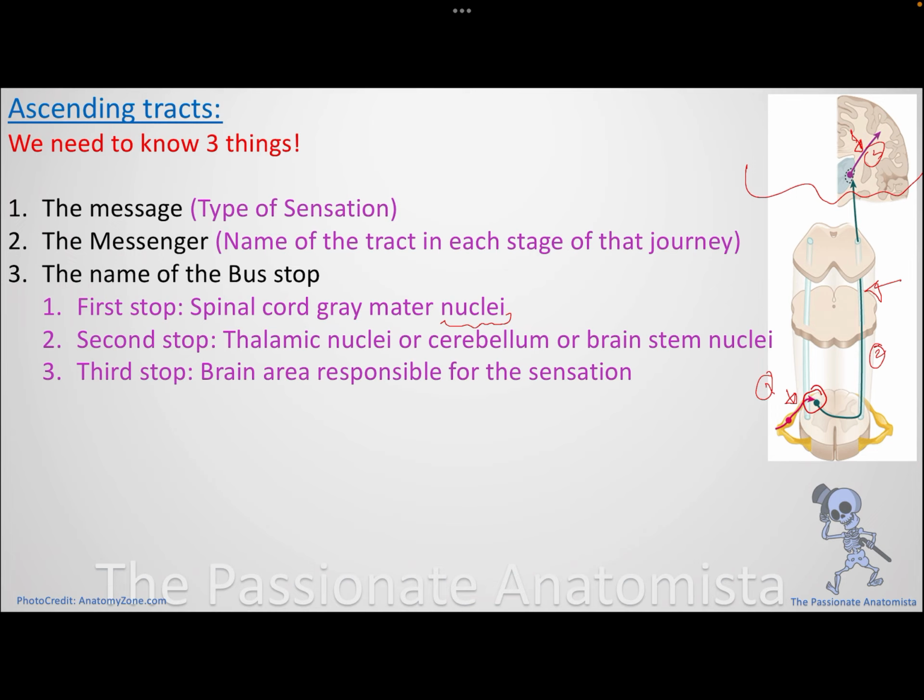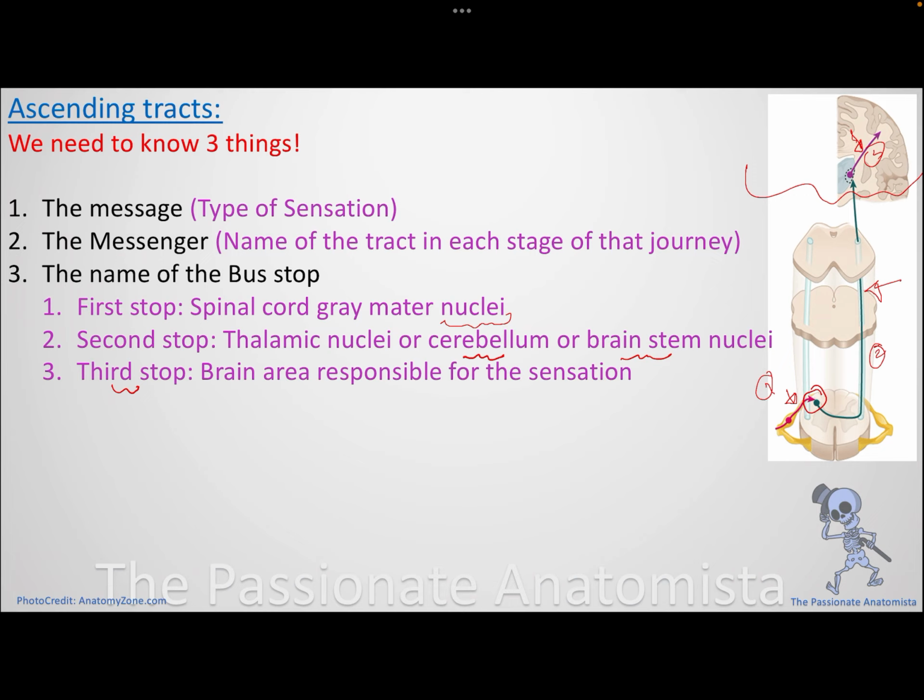If it's for some of them, of course, not all of them. Some of them will stop at the cerebellum. Some of them will stop in the brainstem nuclei, and we're going to talk about that. So what is your second stop? And then the third stop, it's the brain area that is responsible for the sensation, which is the somatosensory area, because we are talking about sensations.